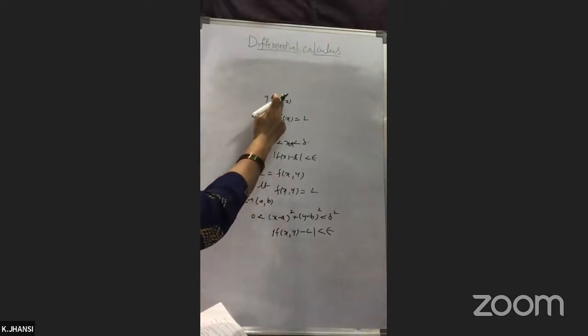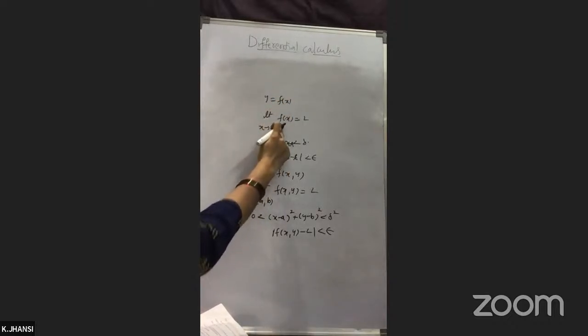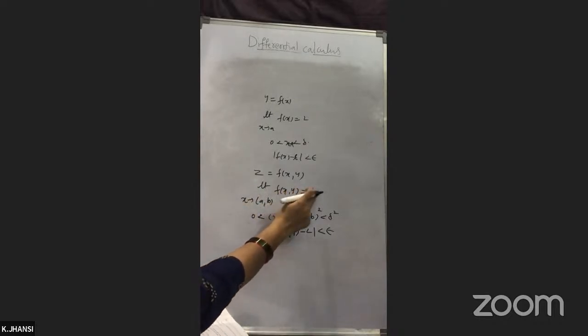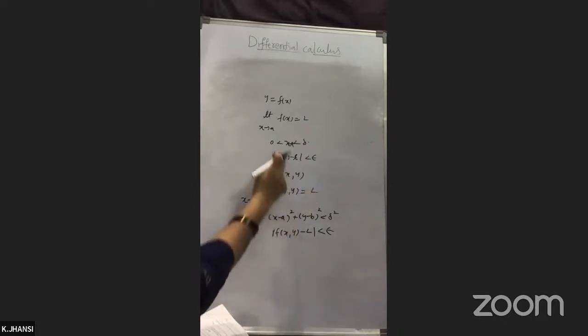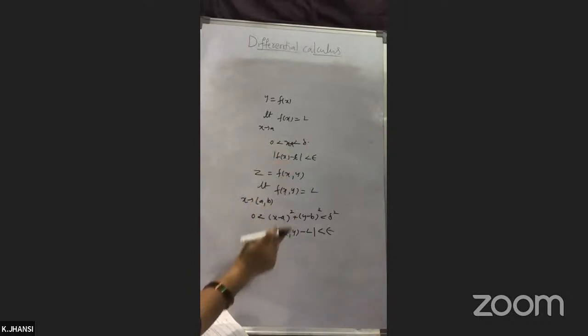So this is the difference from when one function is given. This is the limit formula and these are the 2 conditions, and this condition replaces the earlier one.